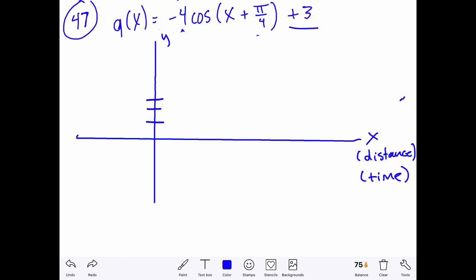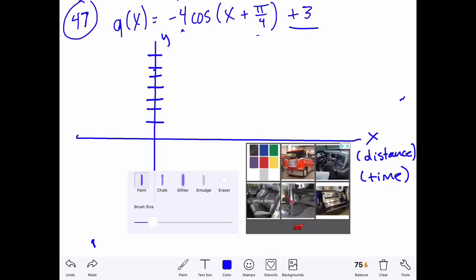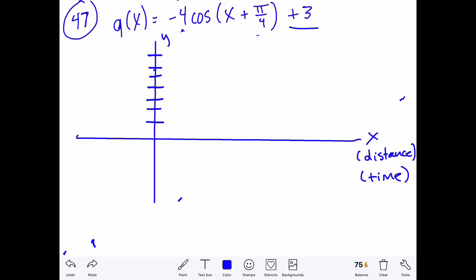Well, that means instead of our x-axis being the midline, we're going to shift it up by 3. All right, again, and let's go ahead and label that midline. That's y equal to 3.